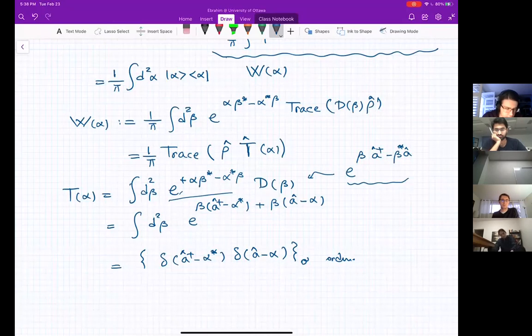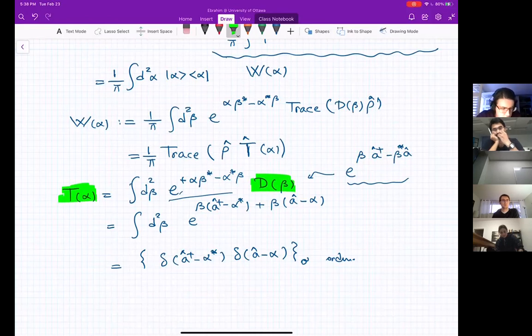If you look at that, you do the two-dimensional Fourier transform of the displacement operator, and you will get a new operator, which we call the T operator. Next lecture, we derive the Wigner function, Wigner distribution, Husimi function, and Glauber representation, also for specific cases.